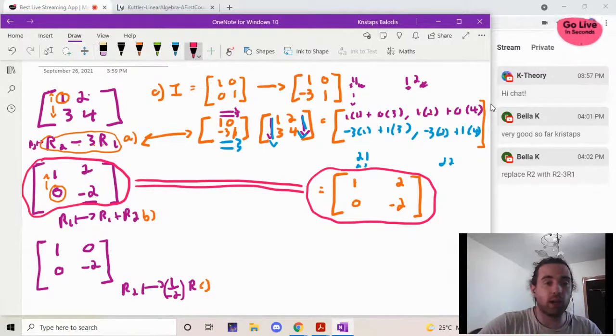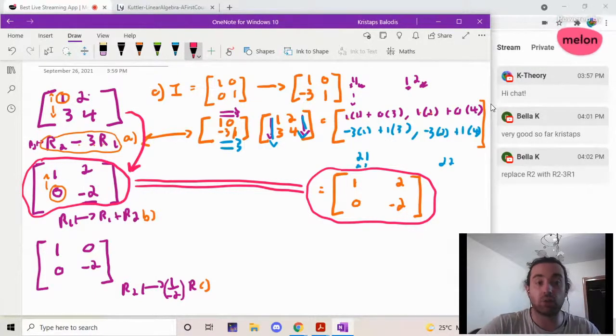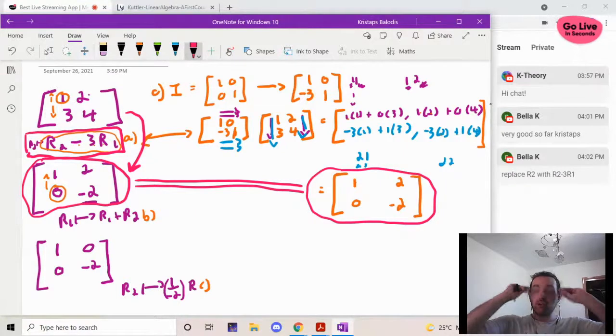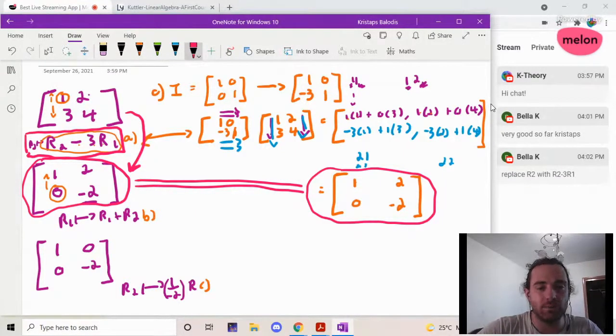One way I got from this matrix to this matrix by doing the thing that we're used to doing, and that is just applying this simple row operation. But now I have another way to view the world. The other way to view it is I can do it by applying this first, getting the elementary matrix that corresponds to applying that row operation, and then carrying this out by doing matrix multiplication.